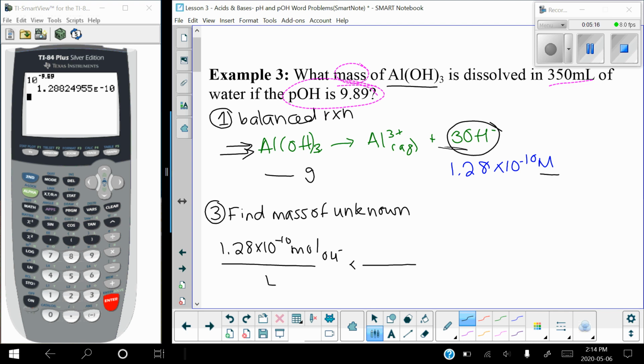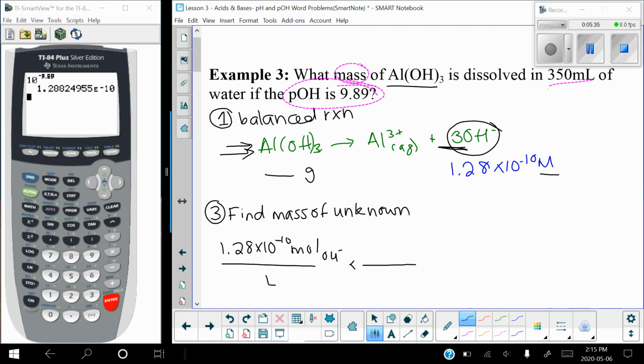So I have 3 moles of hydroxide. Oh, sorry, that's not happening there. Okay, see what I mean? We first have to convert this into moles, and the way that we do that is by using our volume. We actually need to cancel out this liters.